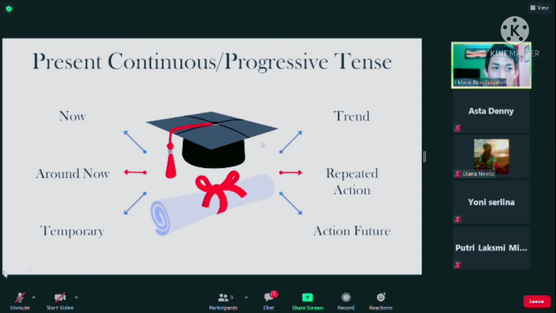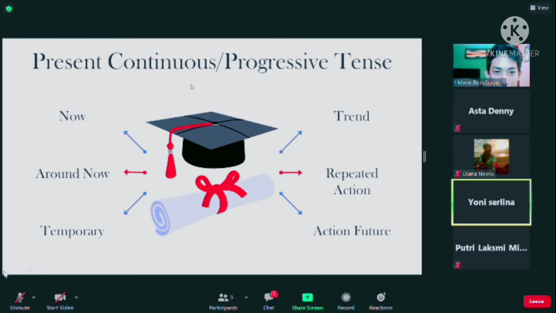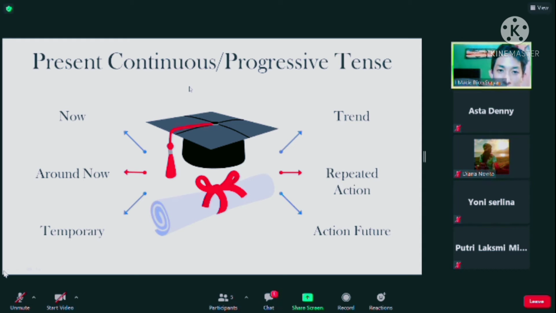Those are other words that I know we can use in progressive tense as an adverb. Okay. Any question? Thank you, Uni, for the question. Okay, that's clear. Thank you, sir. Okay. We move to the next slide.